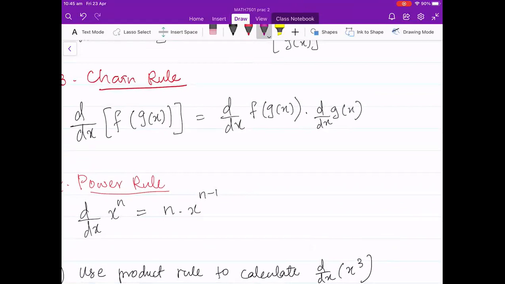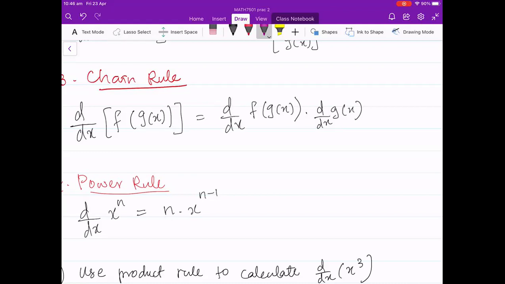Now, first part is use the product rule to calculate x cube. How would you use that? Anyone? Yeah, Ashish is right. Apply x squared times x.